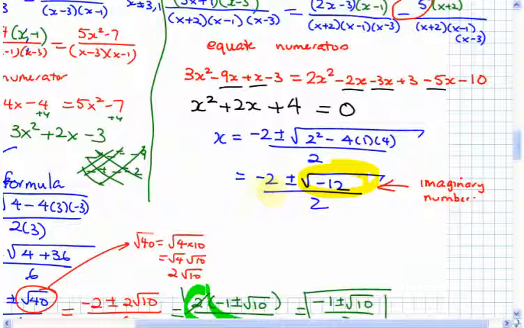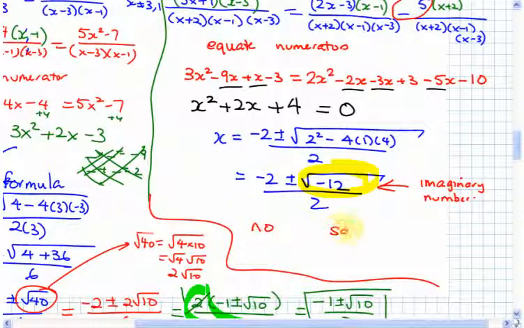Or, I guess because we're dealing with what we call the real numbers, we'd say therefore there is no, and I won't just say no solution, because technically there is an imaginary solution. No real solution. There you go. For all this work, and in the end, yes, there's no solution.